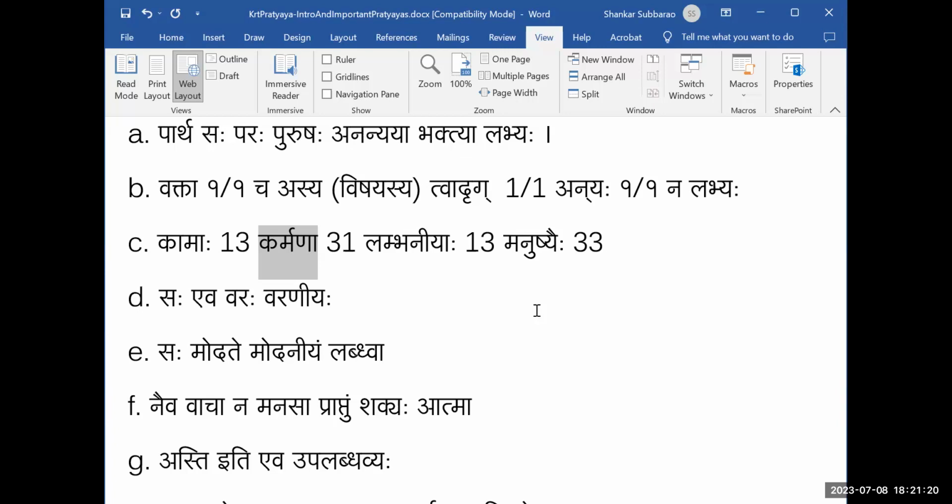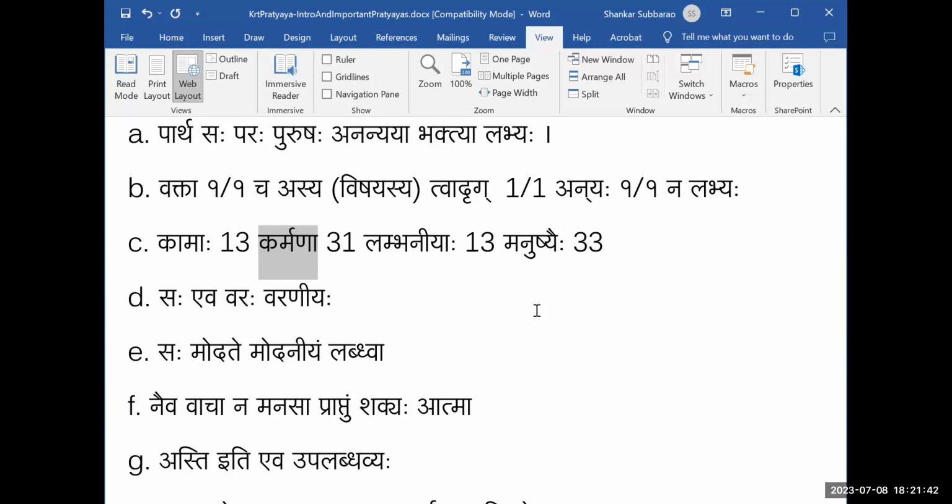Now translate it. By the men, by human beings, through karma, by means of karma, the desires are to be gained.